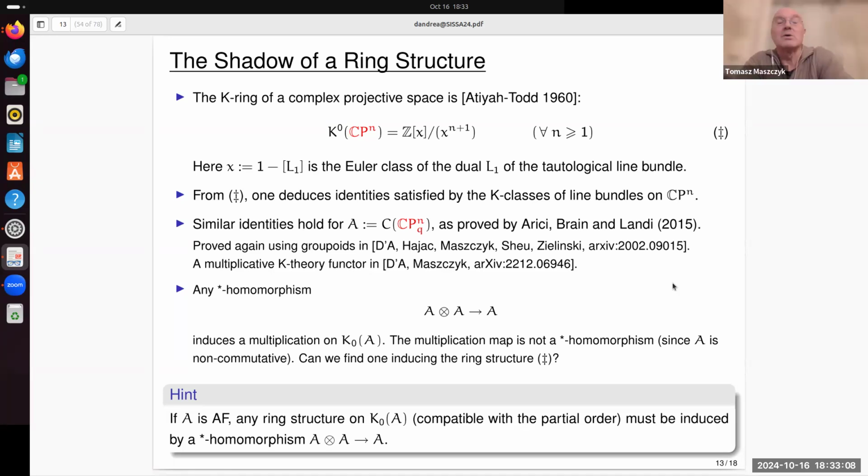Very good. So one possibility one could try in this situation is to consider not a diagonal in the strict sense, but for instance, allow some twist between tensor factors on the left-hand side.